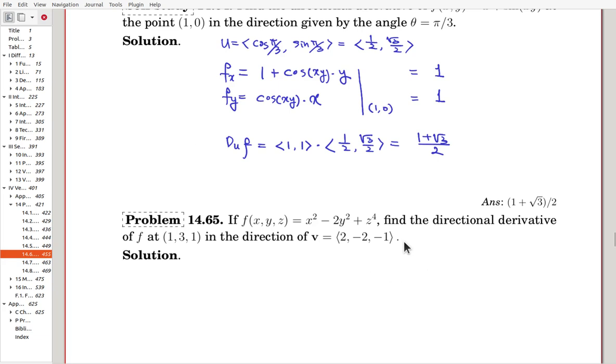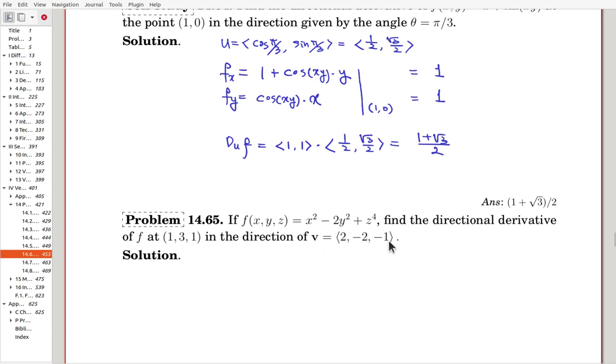Now, rather than two variables, we may consider directional derivatives for functions of 3 variables. Now, the function is defined in this way. X, Y, Z are independent variables, and we'll try to find the directional derivative of f at (1, 3, 1) in the direction of v.